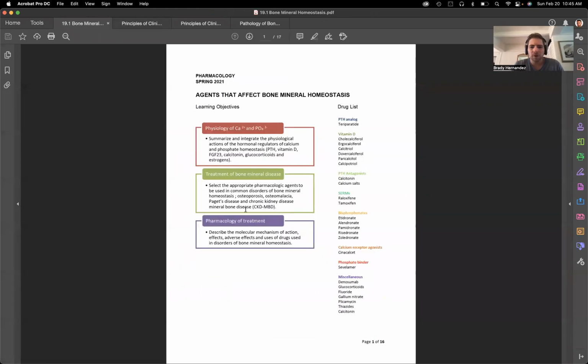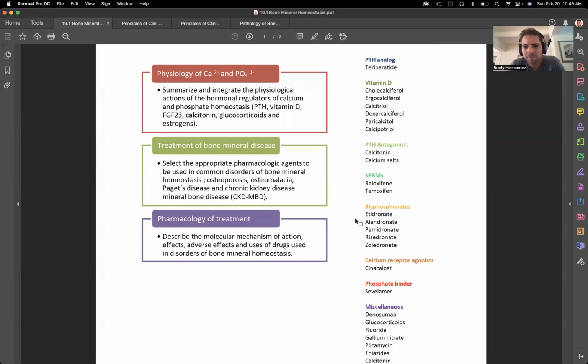All right, so this is dense. There's a couple of things that are important. Definitely the selective estrogen receptor modulators, right? Remember, tamoxifen is an antagonist at the breast, so it can be used for breast cancer, but it's an agonist at the uterus and on the bone.